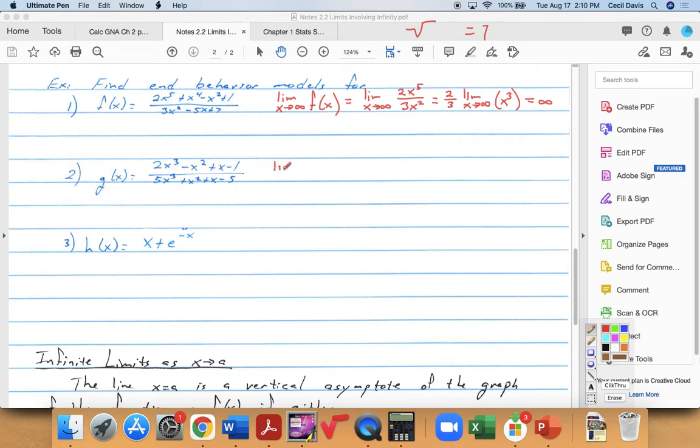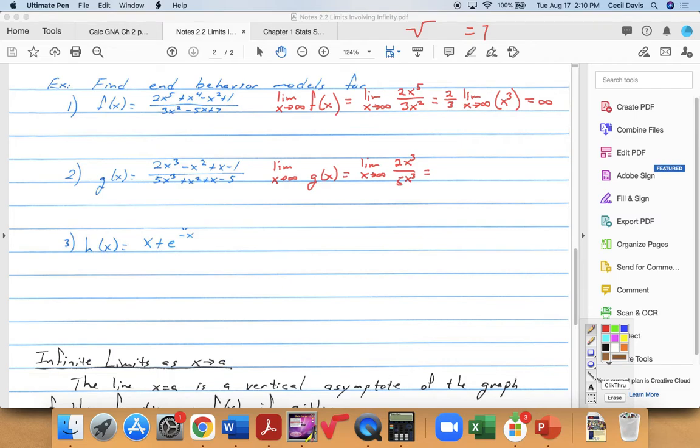Again, this should be some good pre-cal review. The limit as x goes to infinity of g of x. Well, that's going to be equal to the limit as x goes to infinity of our leading terms, so 2x cubed over 5x cubed.